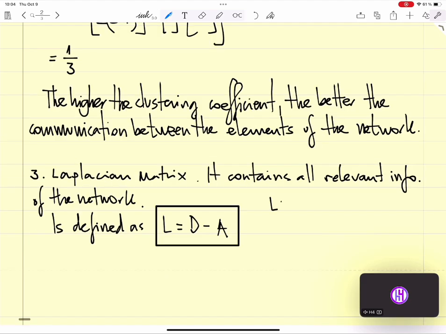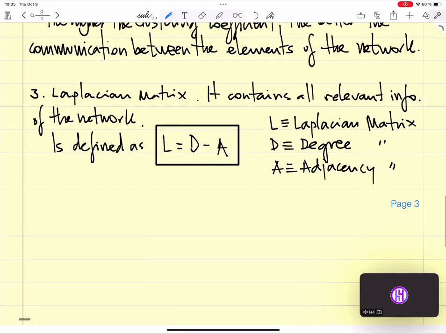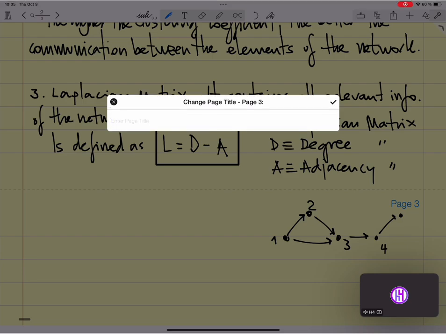Laplacian matrix, degree matrix and adjacency matrix. So it's quite easy. Again, let's take the same example: 1, 2, 3, 4, 5, and 6.